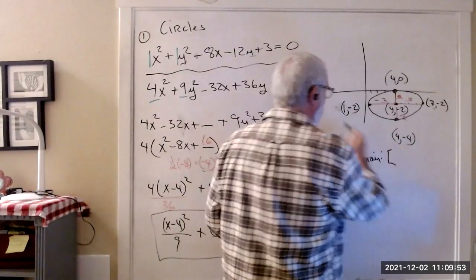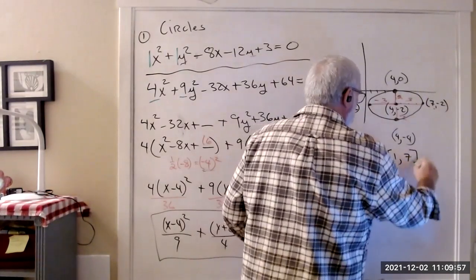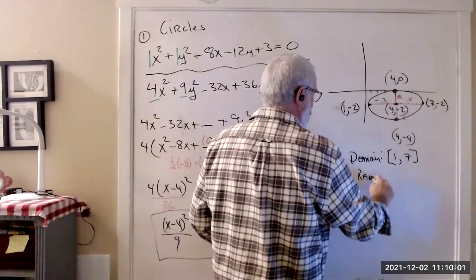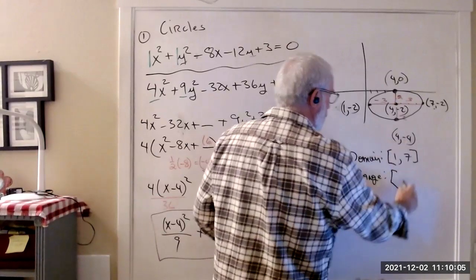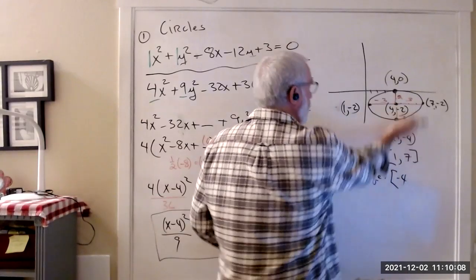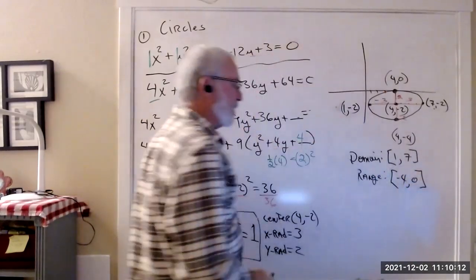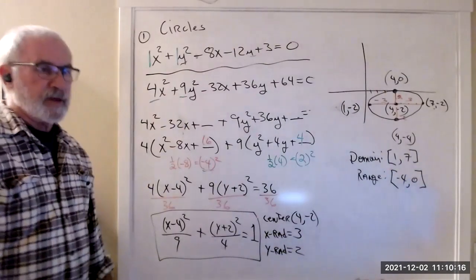They range from 1 up to 7. Those are my x's. My range goes from the lowest y is -4, the highest y is 0, and that would be my range. And that's everything.